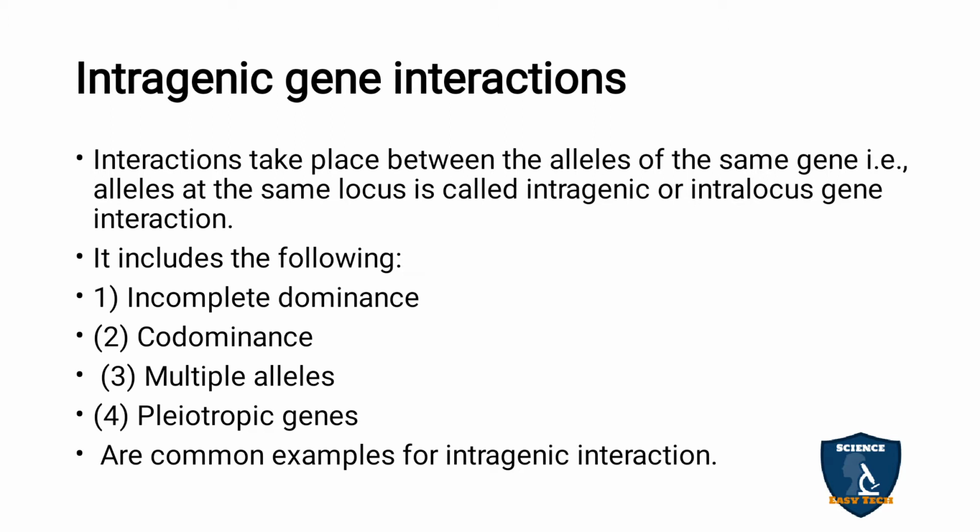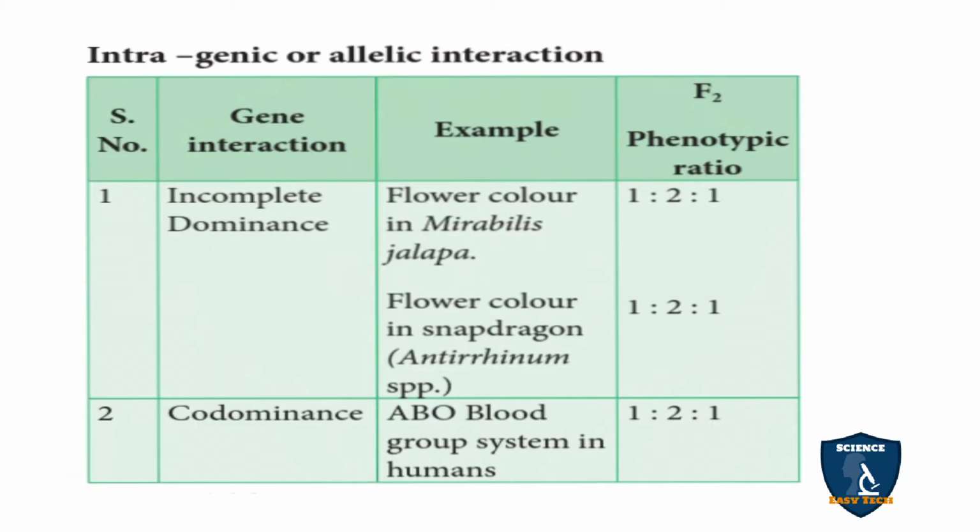It includes the following: incomplete dominance, codominance, multiple alleles, and pleiotropic allele genes. We're going to see them with examples. Here they have given only two things, incomplete dominance and codominance.